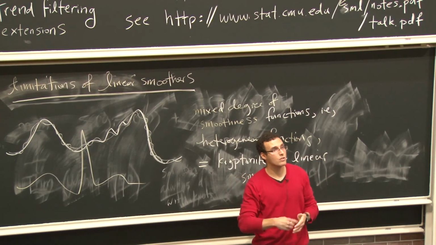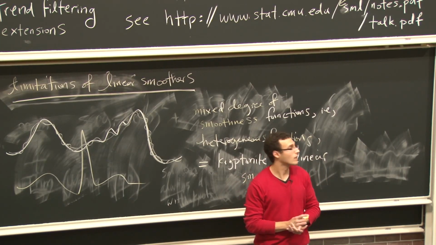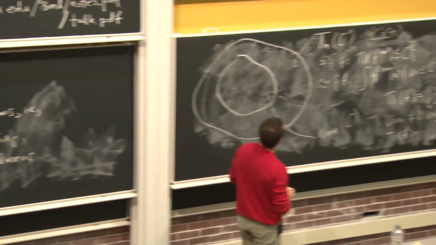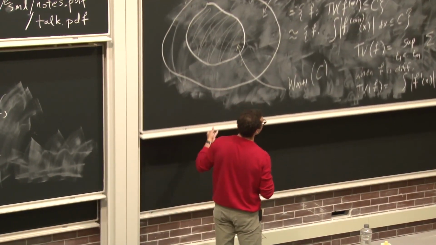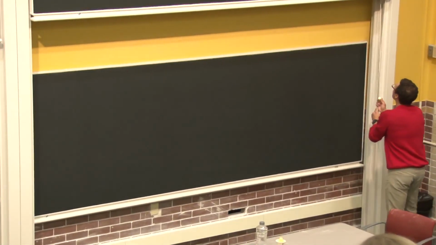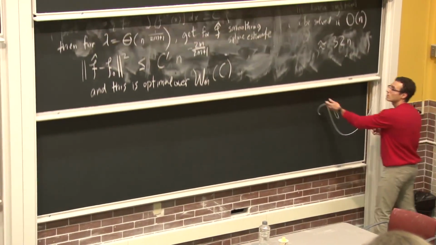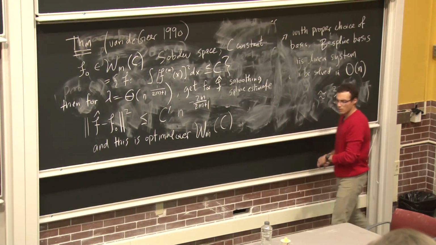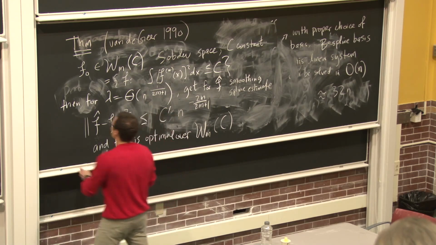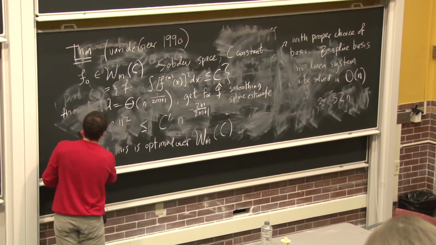So it's bigger, and it allows our functions to have spikes. They're not uniformly smooth. So let me state Donoho and Johnstone's theorem for you, and then I'll explain the two saviors, which are locally adaptive regression splines and trend filtering.